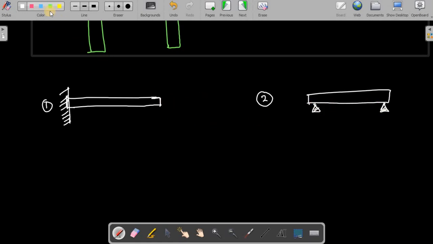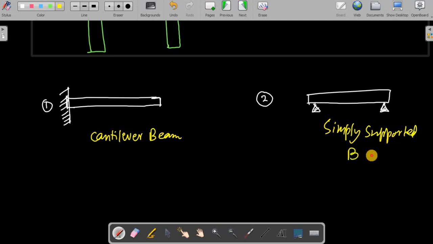They are horizontal elements. The first is called a cantilever beam, and this is called a simply supported beam. Here we are bothered about finding the deflection.